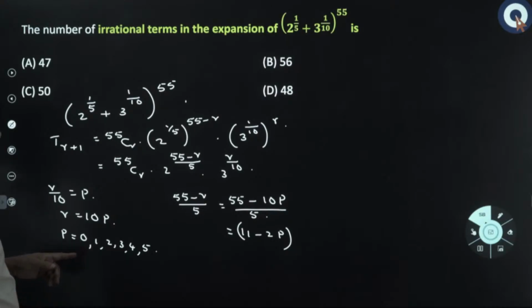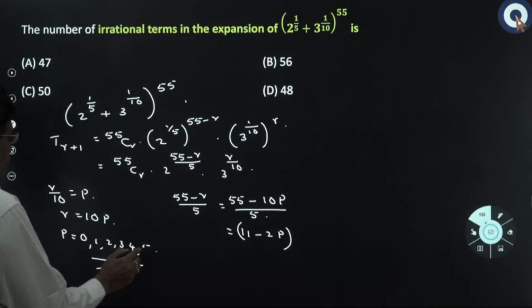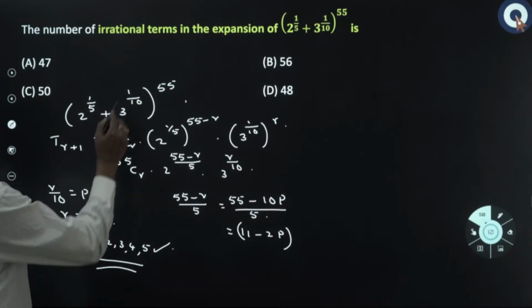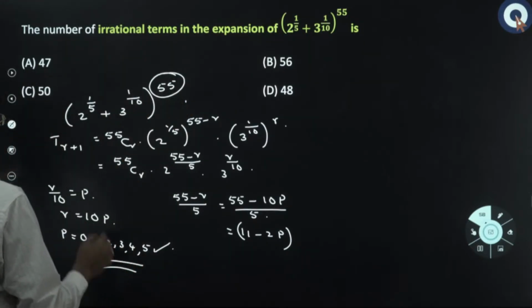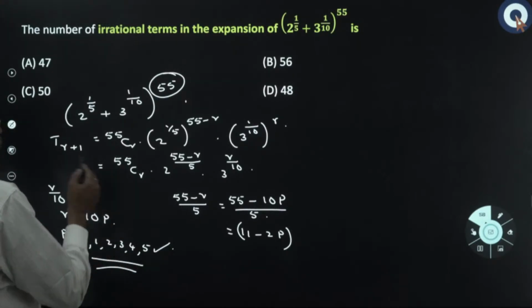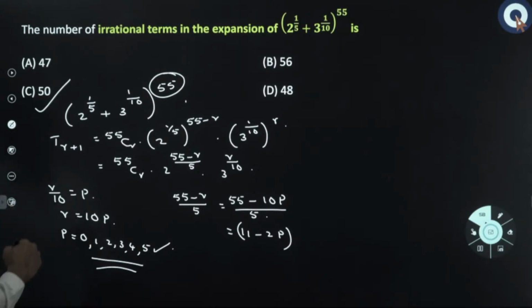For p equal to 0, 1, 2, and so on, it is an integer. So you have 6 values which are possible totally, so the rational terms are only these 6 values. Out of 56 terms, 6 terms are rational, the remaining 50 are irrational. So the answer is 50.